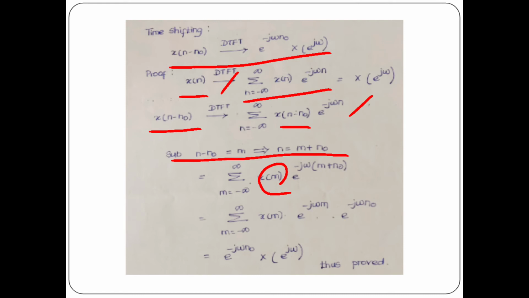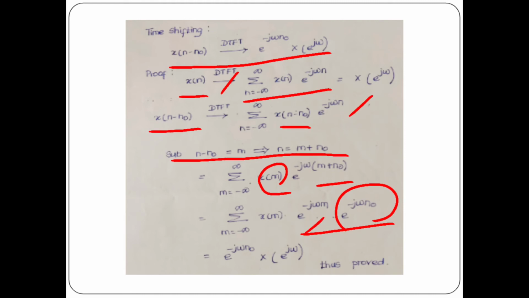So separate e power a plus b. e power a plus b is nothing but e power a into e power b. So similarly, e power minus j omega into m plus n naught is nothing but e power minus j omega m into e power minus j omega n naught. So this one exponential term is fully a constant which does not depend upon the summation, that is e power minus j omega n naught does not depend upon the summation, since it doesn't have the m term.